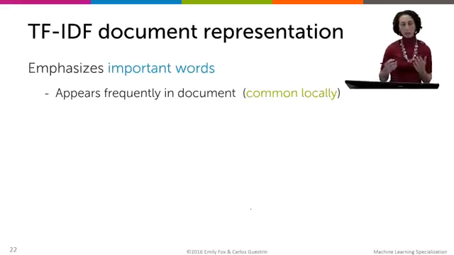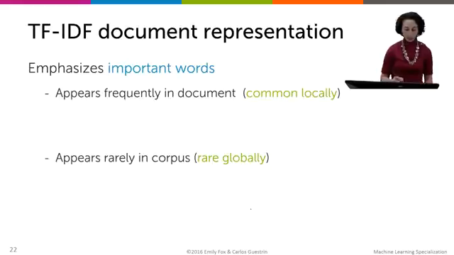It's going to emphasize words that appear very commonly locally, meaning they appear frequently in the document that the person is reading, but appear rarely globally. So in the entire corpus, it's pretty unique to see those words.